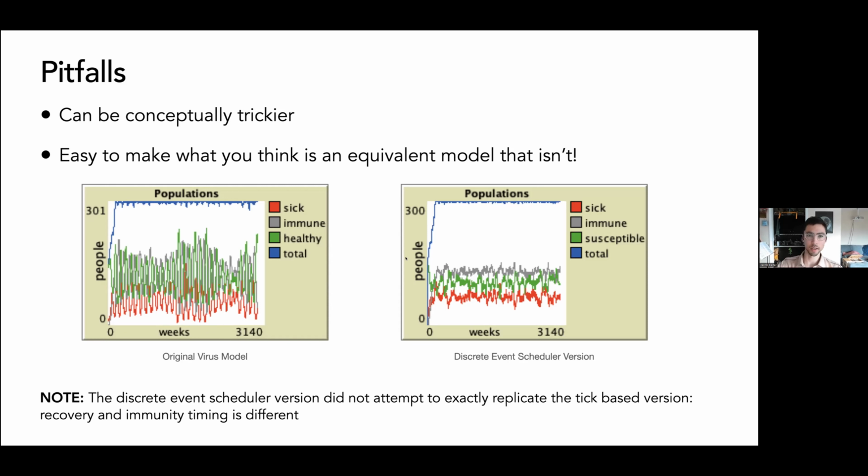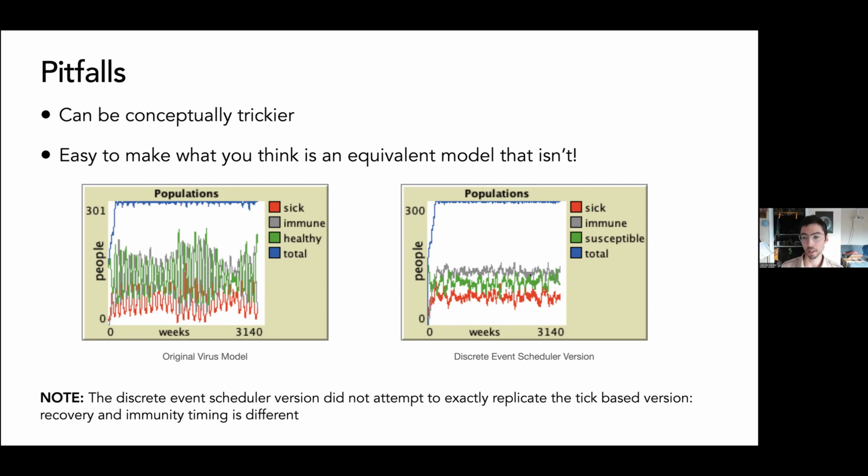So if you're translating from a tick-based to a discrete event scheduler version, that's just something to keep in mind and to check. If you've already validated or verified your tick-based version, you definitely will have to do it again with your discrete event scheduler version to make sure it's still modeling what you think it is. In some ways, it might be easier.